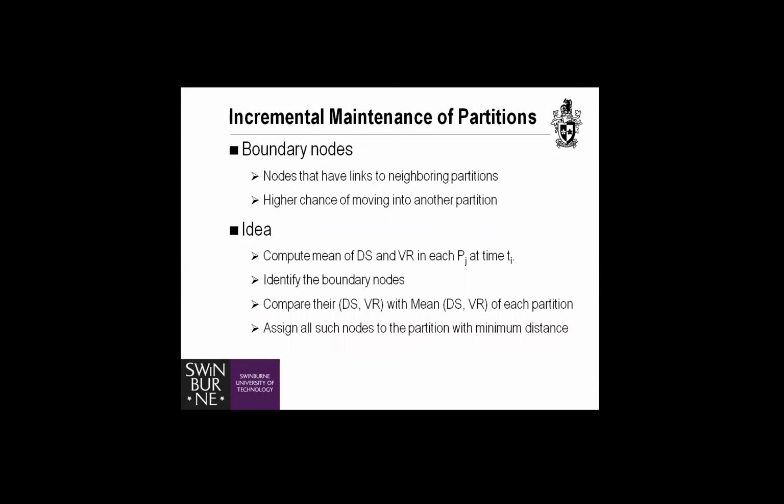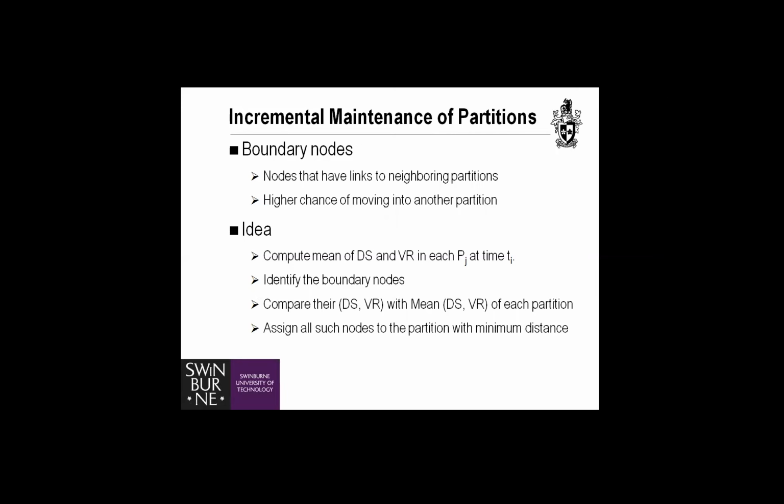Before going into the details of the method, let me explain about the boundary nodes. When we partition the graph, there are some nodes which have neighboring nodes lying in a different partition. That means these nodes lie on the boundary, and these nodes have higher chances to move into other partitions at the next point of time.